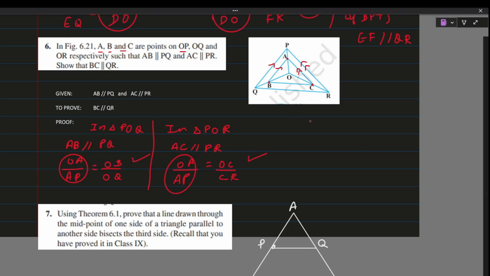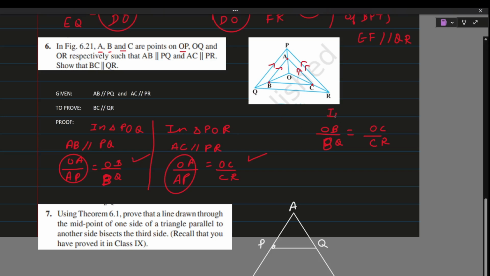From these two equations we can say that OB by BQ is equal to OC by CR.